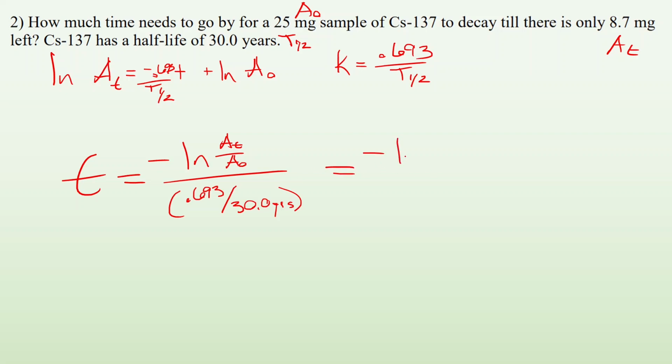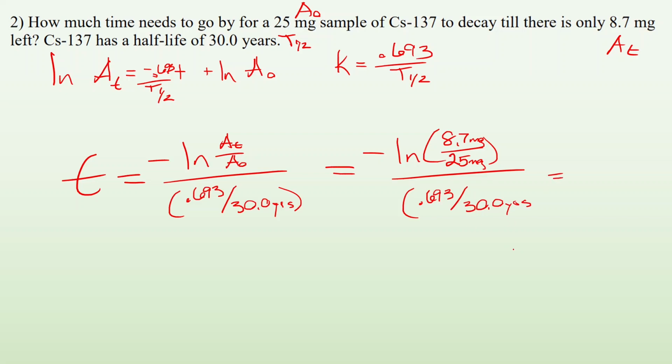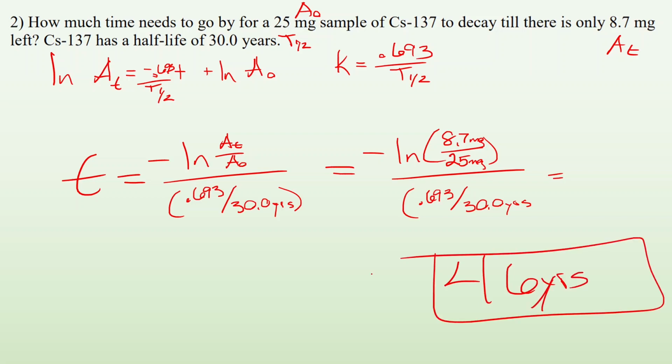It's negative natural log of 8.7 milligrams divided by 25 milligrams, all over 0.693 divided by 30 years. And when I pick up my calculator, I end up with 46 years as my final answer for how long that whole process would take.